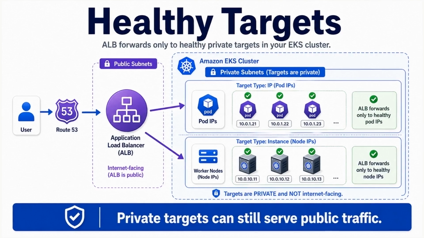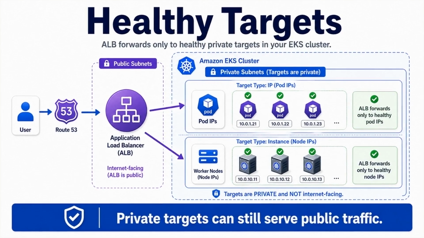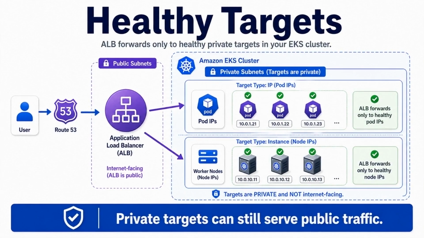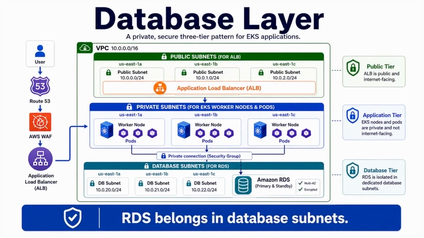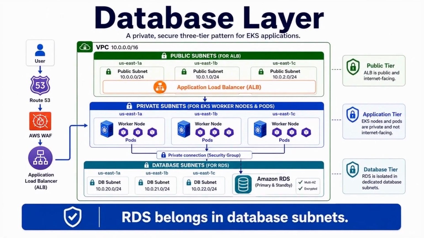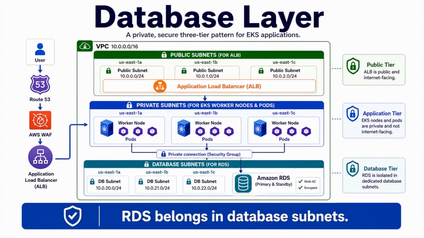With the AWS Load Balancer controller, that usually means forwarding to pod IP targets or node-backed targets inside the private cluster. Your data tier stays deeper still. RDS belongs in dedicated database subnets, not beside the ALB and not loosely exposed to the rest of the VPC.